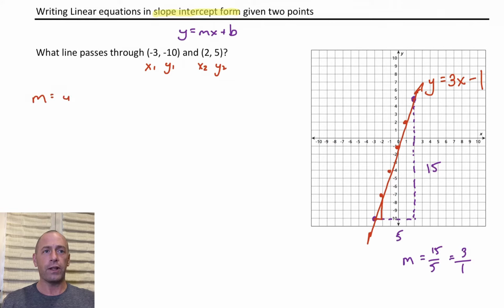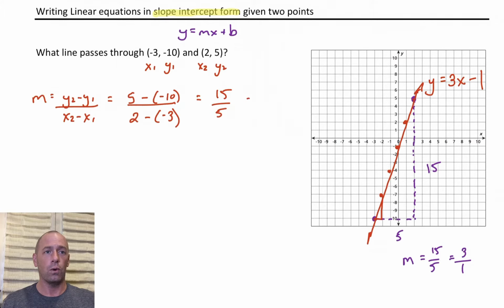And when you're first starting out, it's always a good idea to label your points, because if you get 1 point in the wrong spot, your slope's going to fall apart. So we're going to have 5 subtract -10 over 2 subtract -3, which is 15/5 or 3. Same thing that we got earlier.